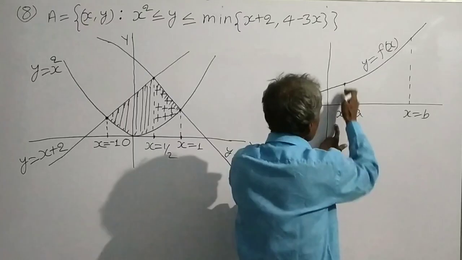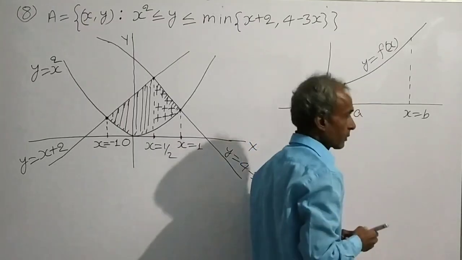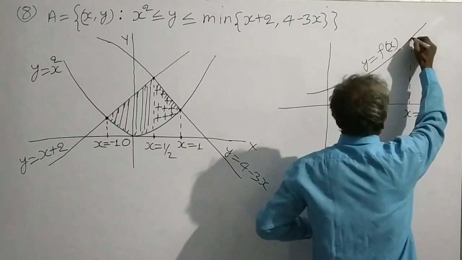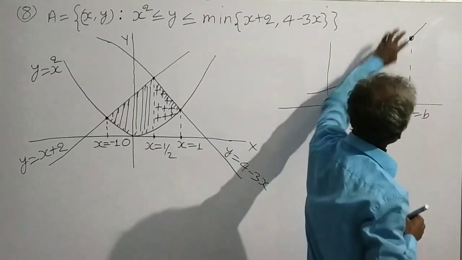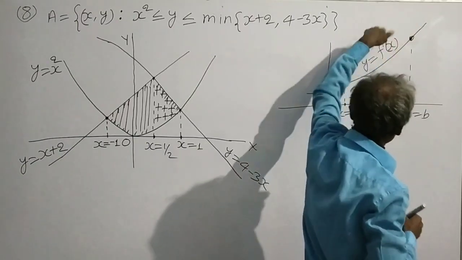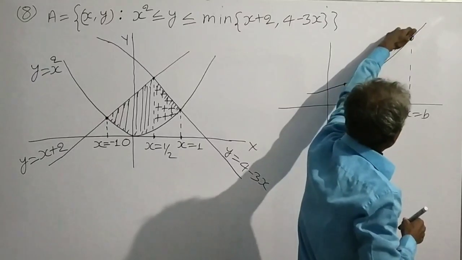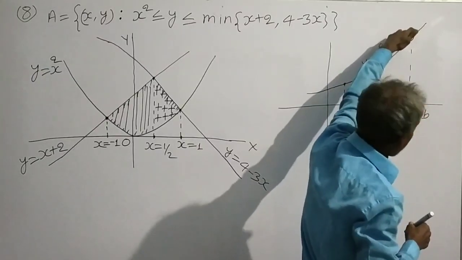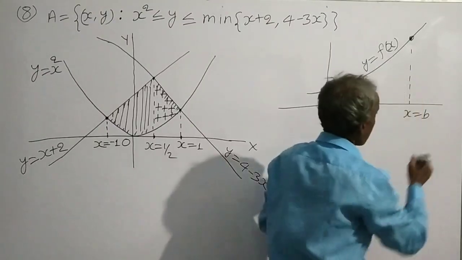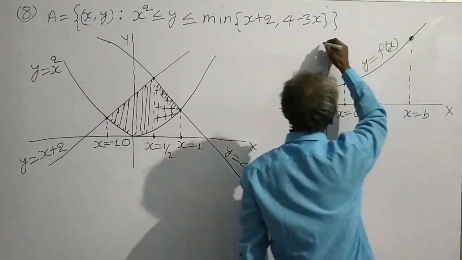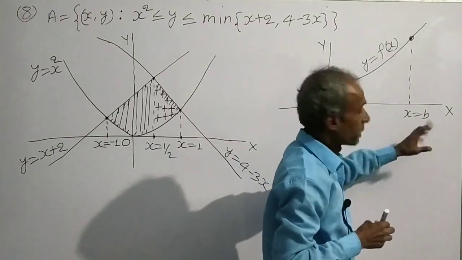That means this dotted line is x = a. From another point lying on this graph, when we draw a perpendicular to the x-axis, it meets the x-axis at b. That means the x coordinate of this point will be b.